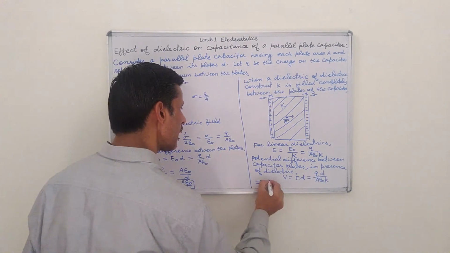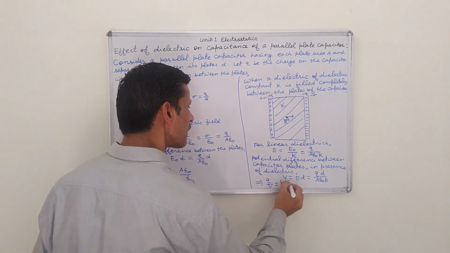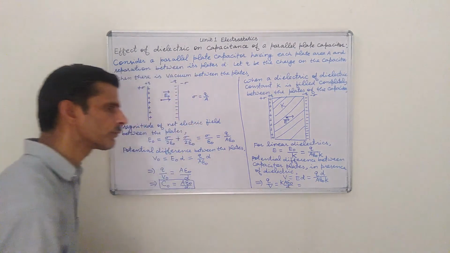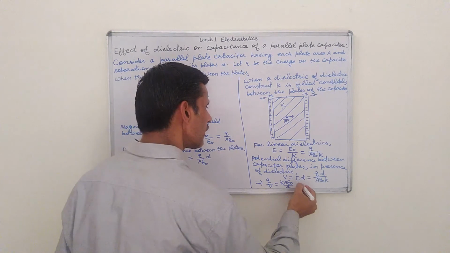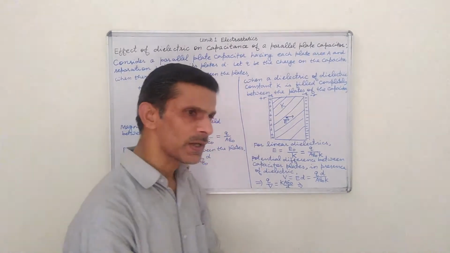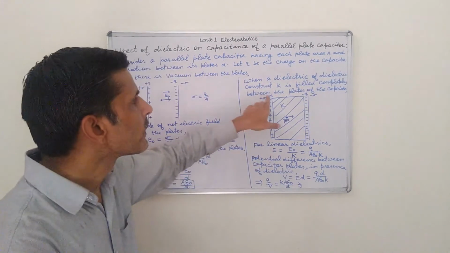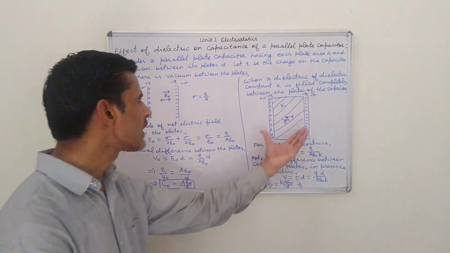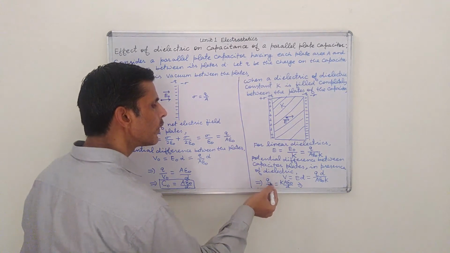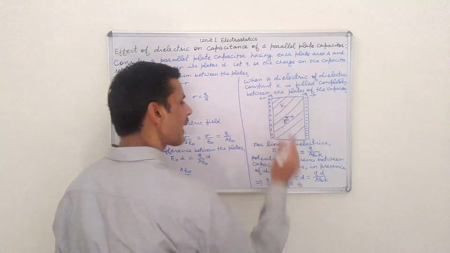And from here you can have Q upon V, it is equal to K A epsilon naught upon D. And you can see when dielectric is present, then capacitor each plate it is having charge magnitude Q, potential difference between capacitor plates it is V. This ratio Q upon V, it is capacitance of the capacitor in presence of dielectric.